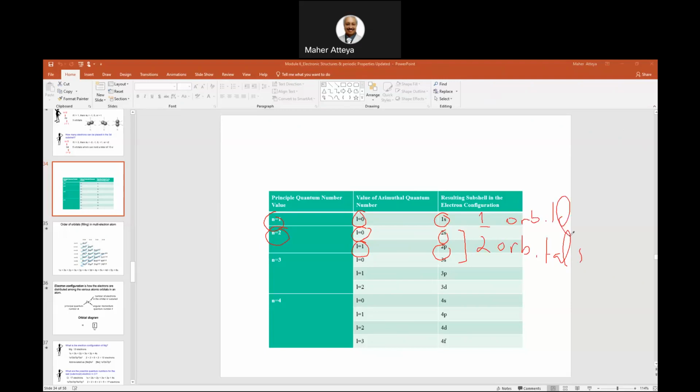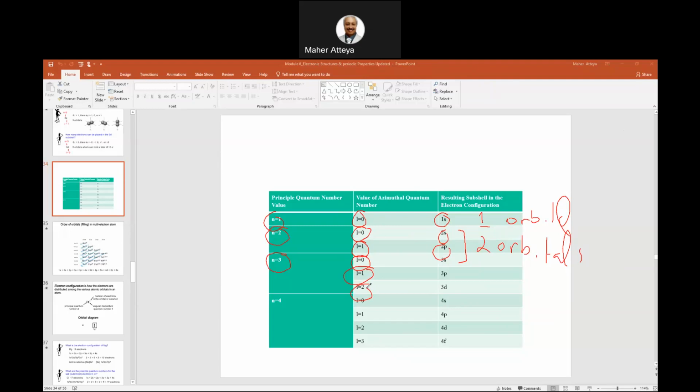Now n equals 3 has the opportunity to have L equals 0, L equals 1, and L equals 2.